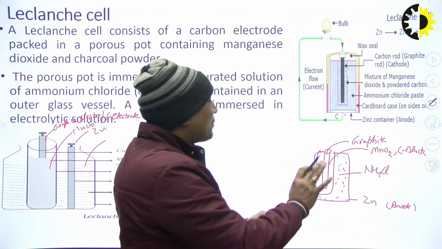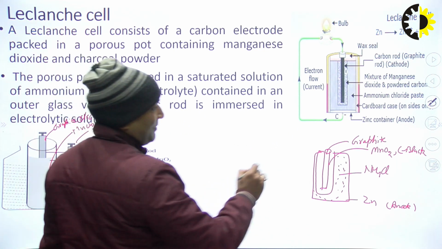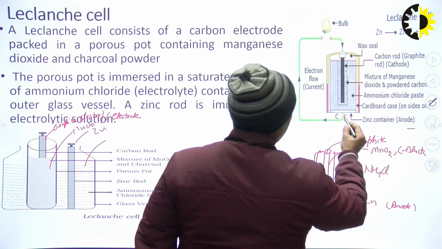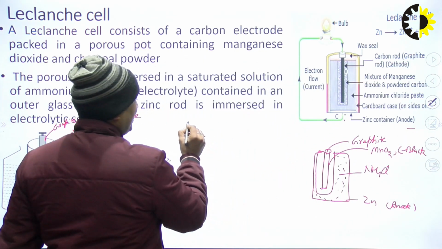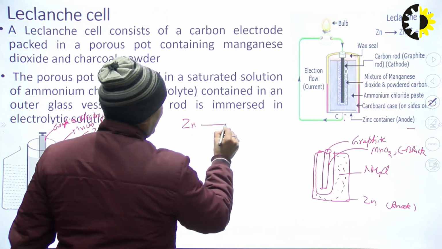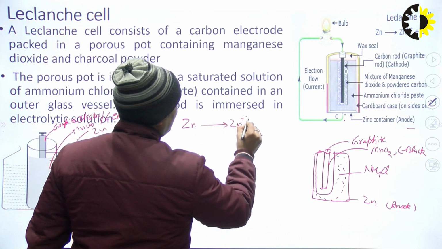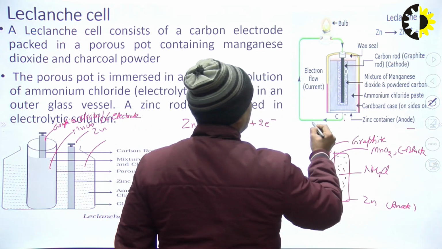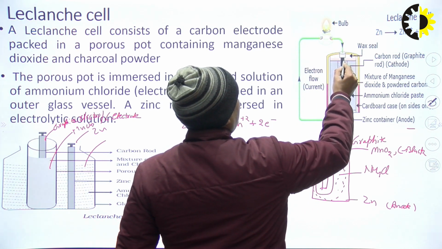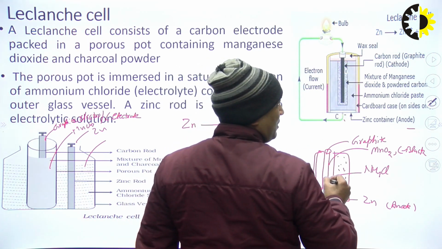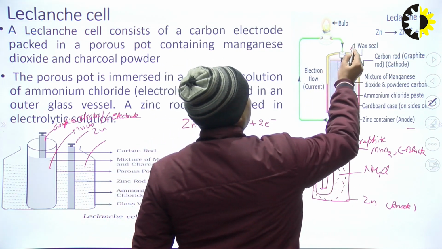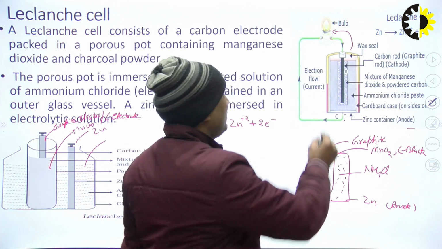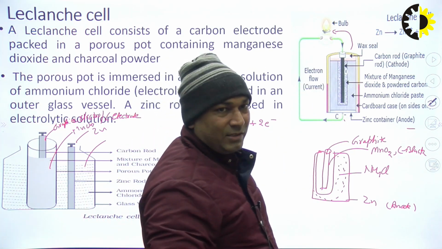So ultimately what is going on, I am going to discuss. From this side, the zinc container which acts as anode liberates electrons by this reaction. This zinc is converted into Zn2+ and 2 electrons, and these 2 electrons move to the carbon electrode, and in this way, in the opposite direction, the current starts, and this bulb will light up.